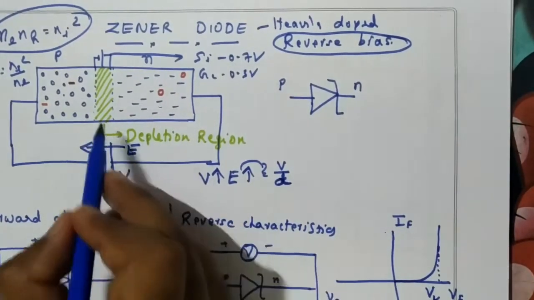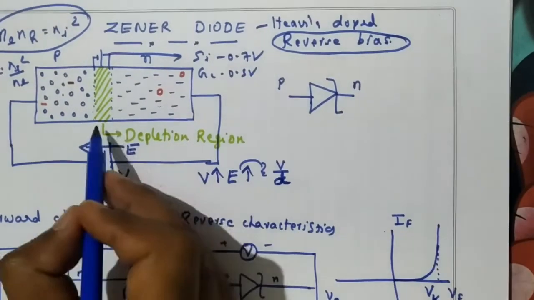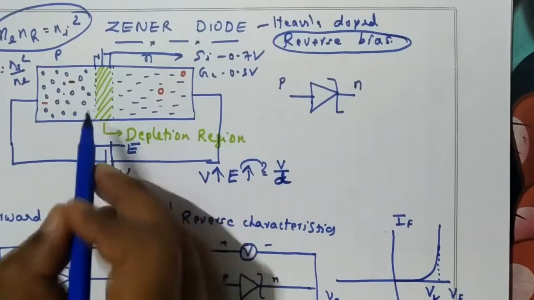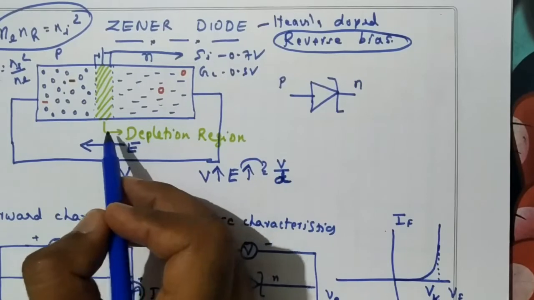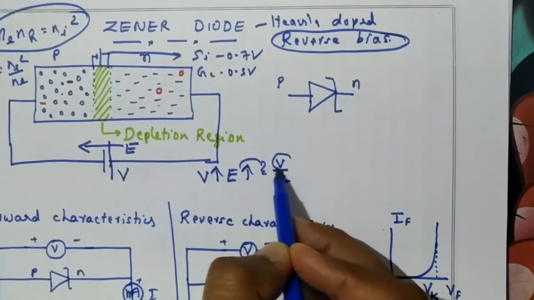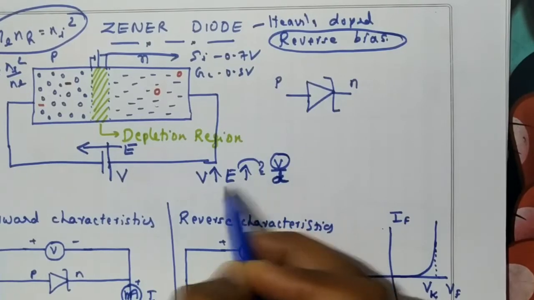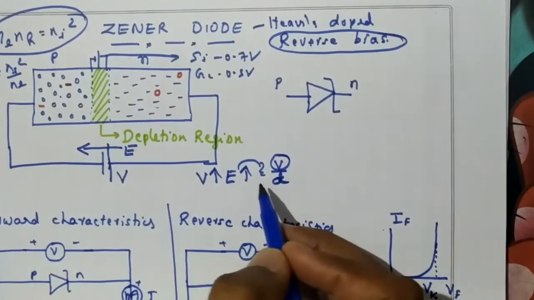Now the distance increases because when you increase the reverse voltage, the width of the depletion region increases, but that width will be in the order of micrometer. But the increase in voltage is in the order of volt. That is why the electric field increases. Now, as you increase V, the electric field increases.